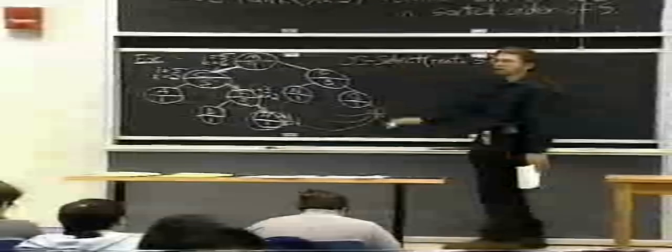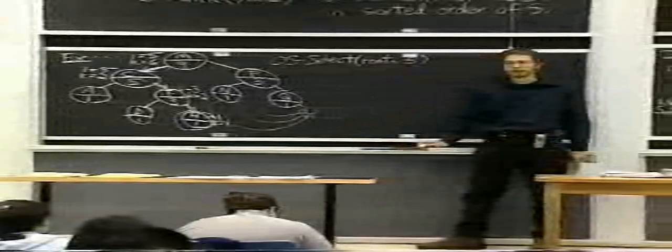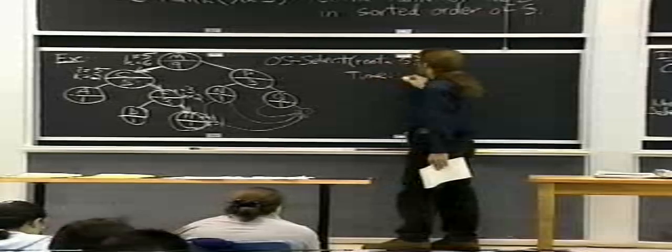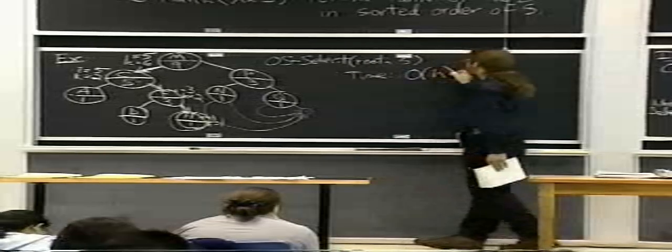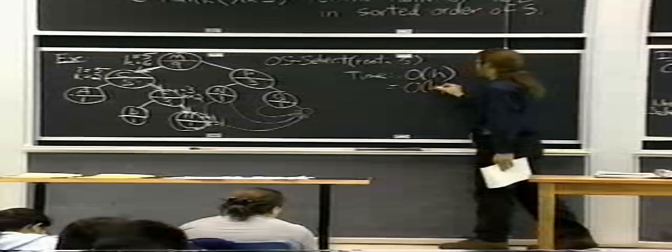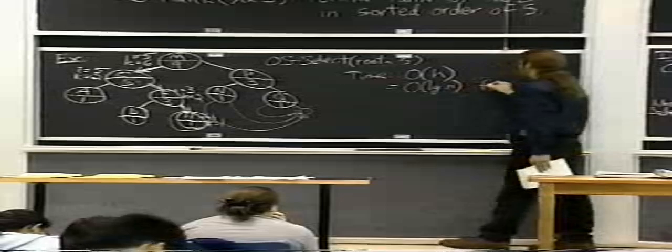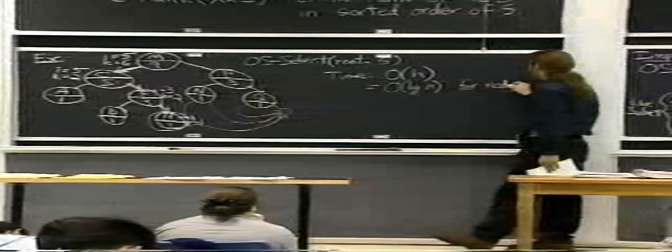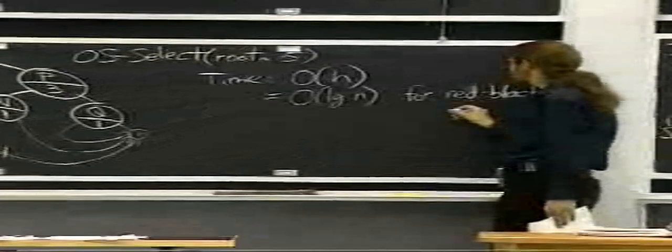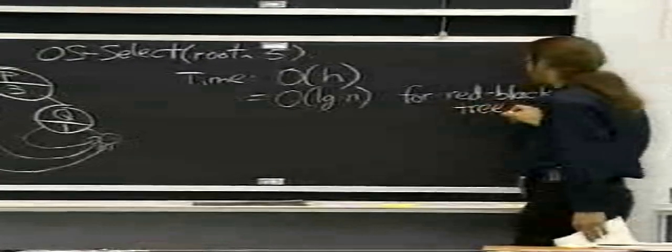The height of the tree is logarithmic if we're using a red-black tree. And so it's order log n. The time is proportional to the height of the tree. And that's order log n for a red-black tree, or for any balanced tree. Again, we could use 2-3 trees, but it will work out a little differently.